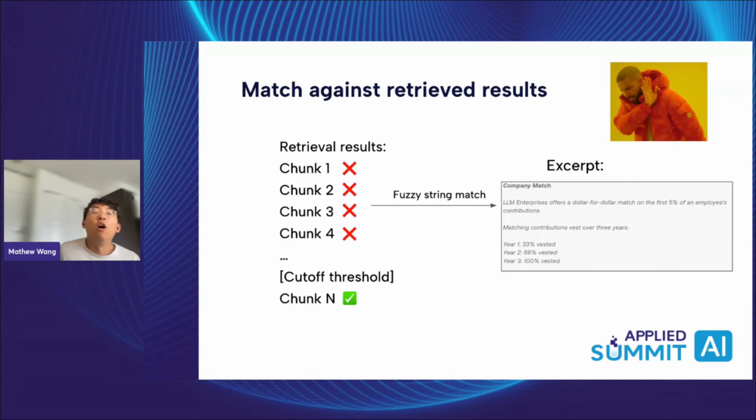On the other hand, an unsuccessful case would be if the excerpt appears in a chunk that's below the cutoff threshold. So your retrieval system didn't do a good job of ranking the chunk as being very similar to the query. This is a case where the correct information is not going to get passed to the LLM, and your user is not going to get a correct answer.